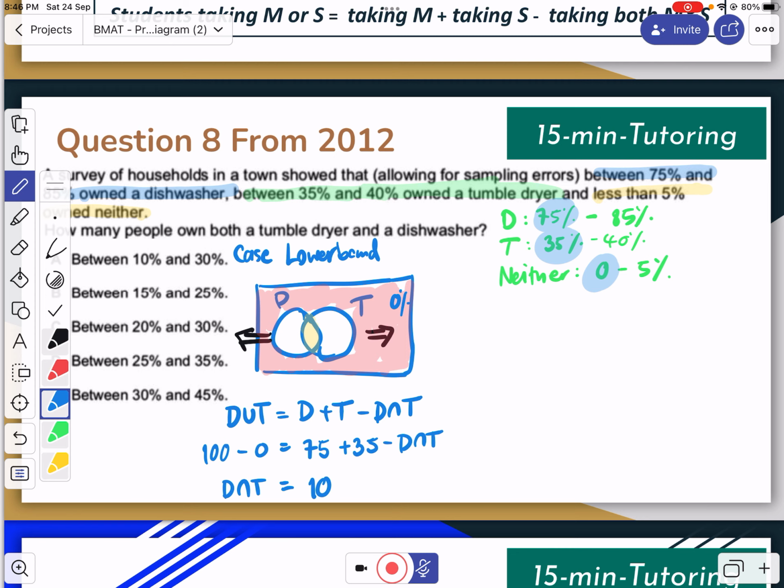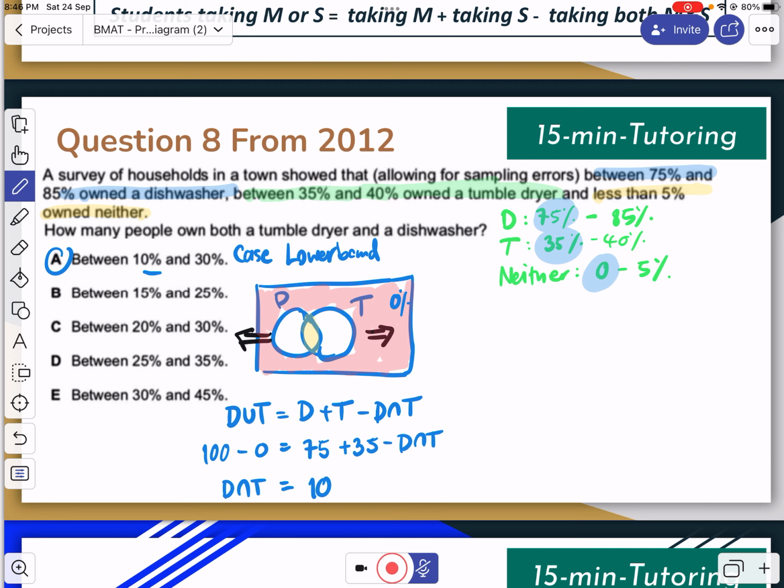The lower bound for the number of people who own both appliances will be 10 people. Okay, so 10 people. You look at the choices. You can see right away that the only possible choice is A. So we go with A. And that's the answer.